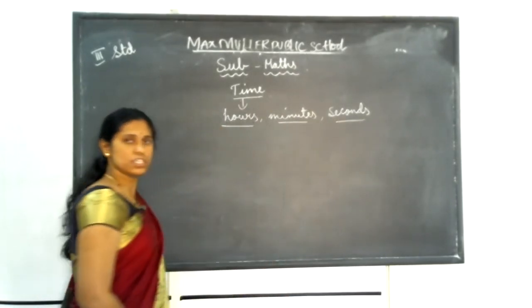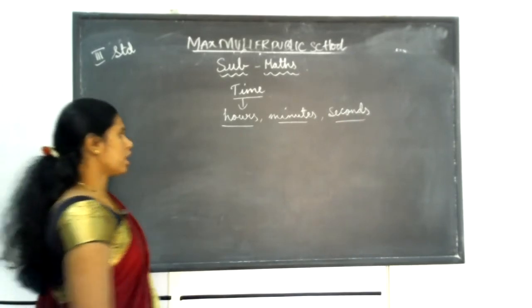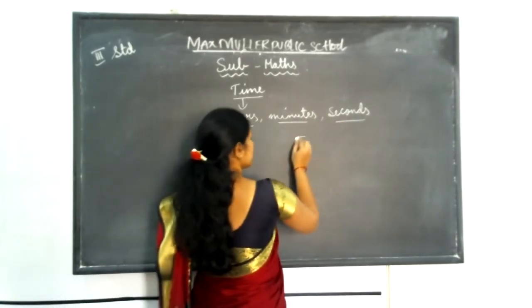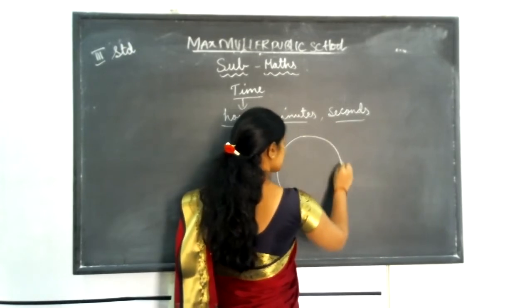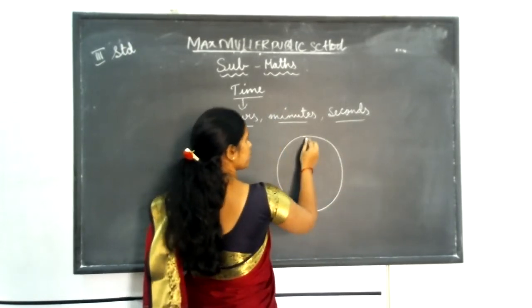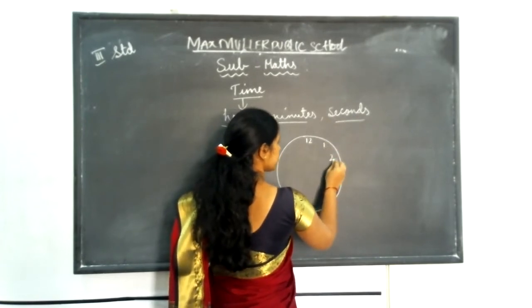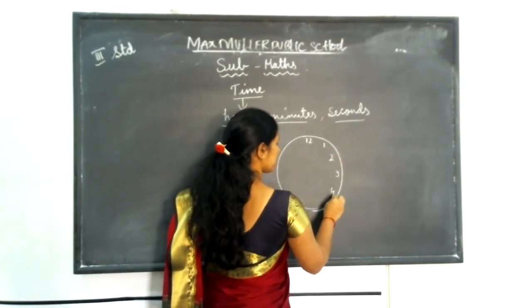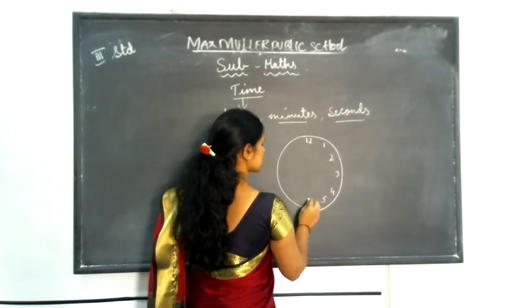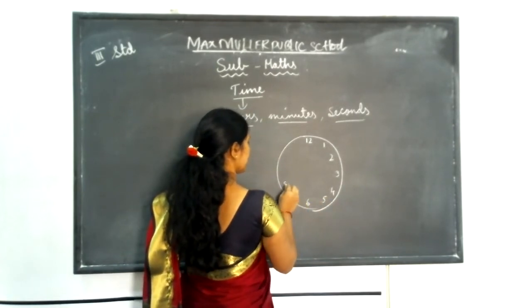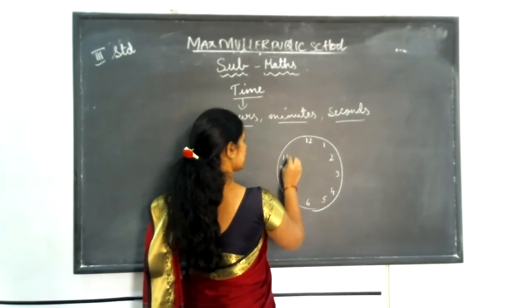Have you seen a clock? Yes or no? You have seen a clock. Seeing a clock, how many numbers are there? It starts from 12. 1, 2, 3, 4, 5, 6, 7, 8, 9, 10, 11.